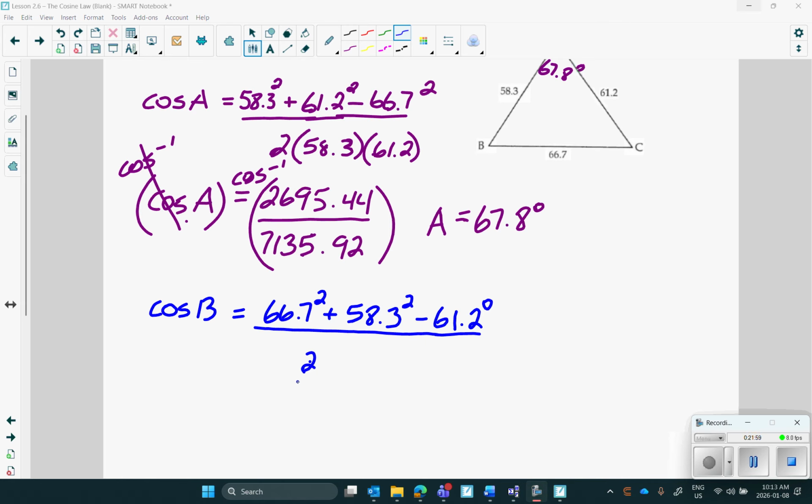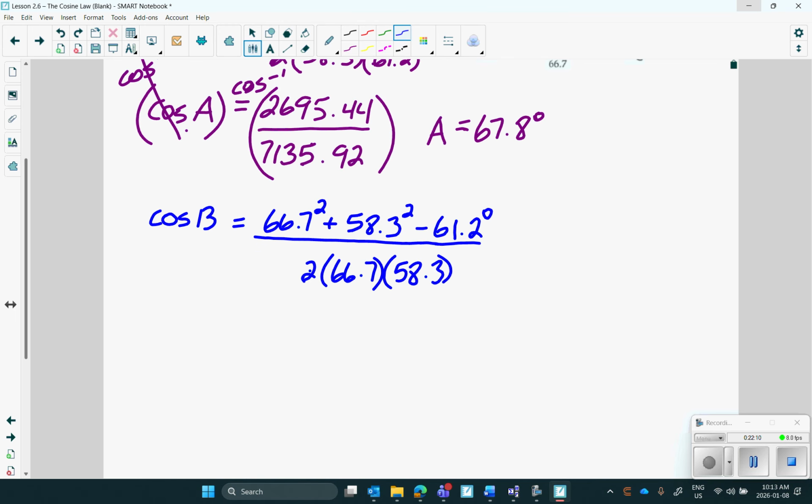This is going to be 2 times 66.7 times 58.3. Cos B equals, calculate this one, 66.7 squared plus 58.3 squared minus 61.2 squared gives me 4,102.34.